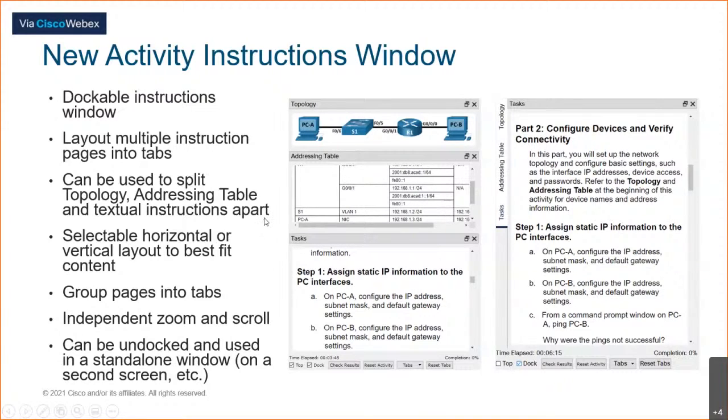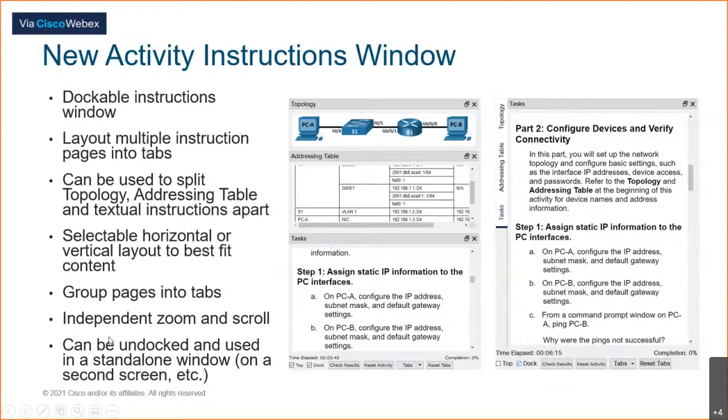It is possible to group pages into tabs, like it's shown on this screenshot on the right side. It also supports independent zoom and scroll in each of these panels, which is absolutely great. So you can make a comfortable zoom on your topology. At the same time, you can look at a specific row in your addressing table, and you may be at a specific step in the instructions, all at the same time on the same screen.